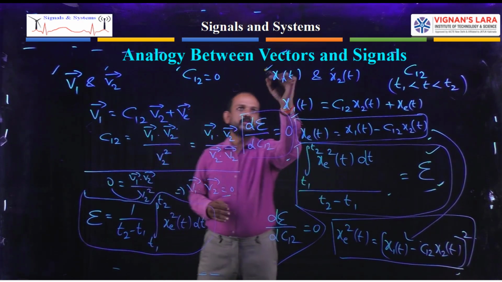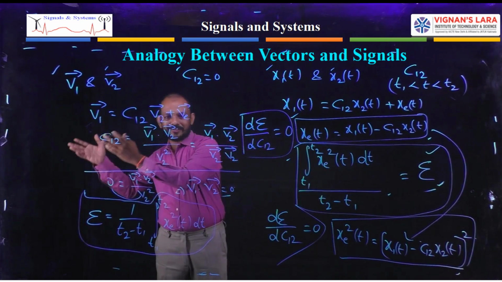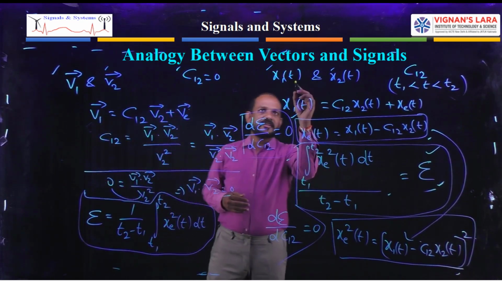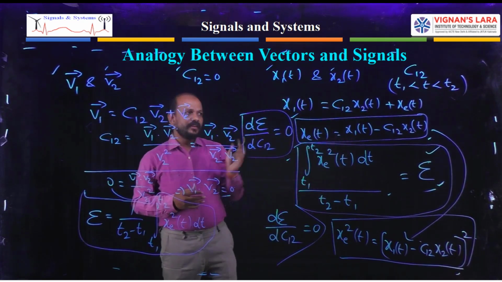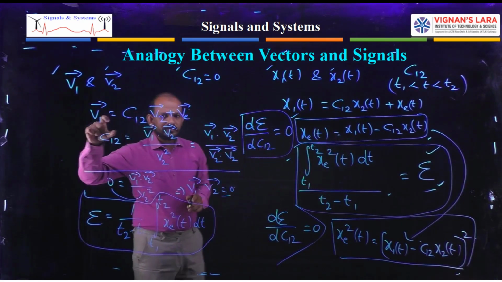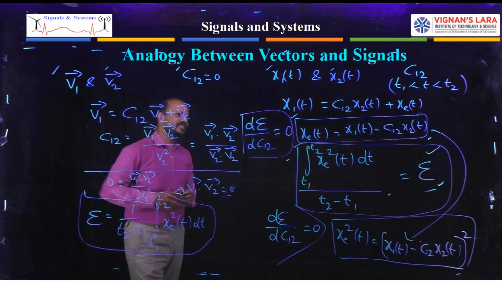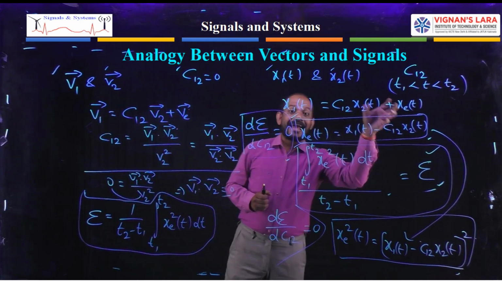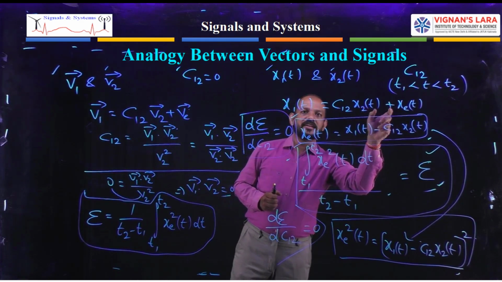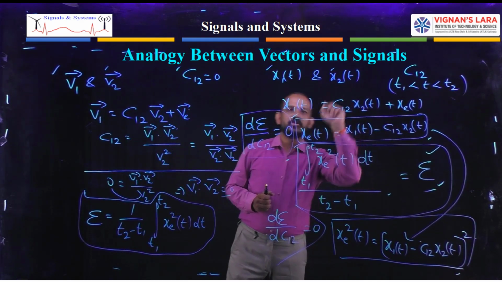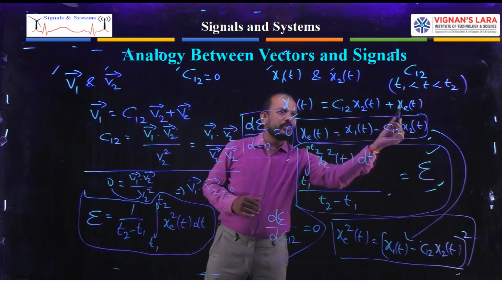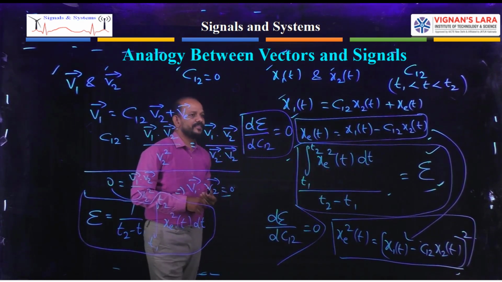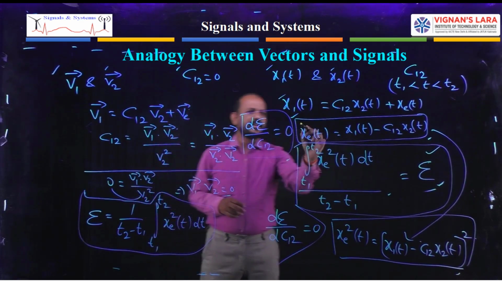Here I had taken two signals, and with the help of vector concepts, I represented x1 of t in terms of x2 of t. Next, there is an error vector in vectors; in the same way, here we have the error signal. On comparing these two, I get x1 of t equal to c12 x2 of t plus xe of t.